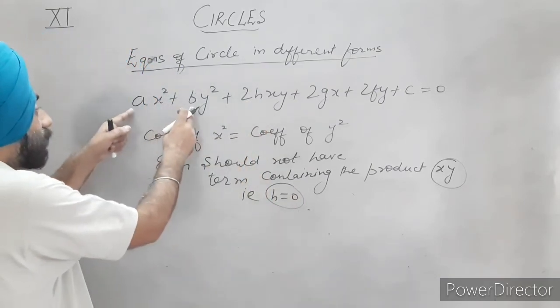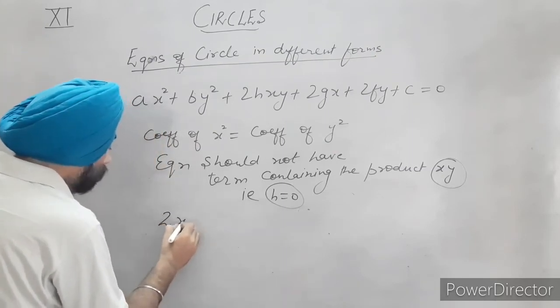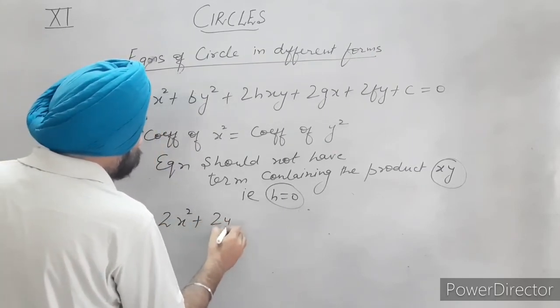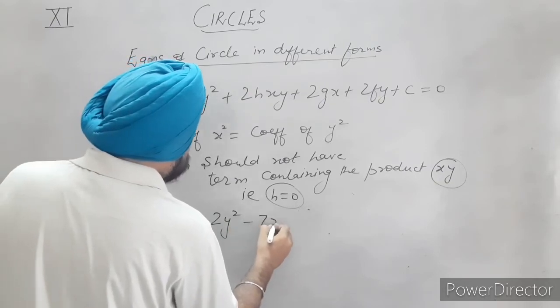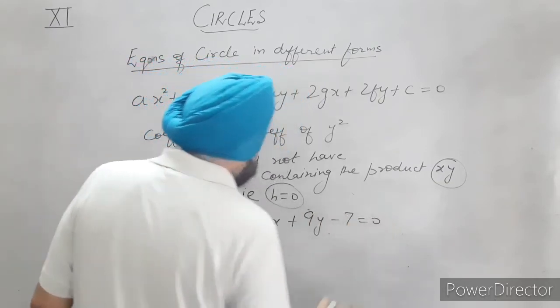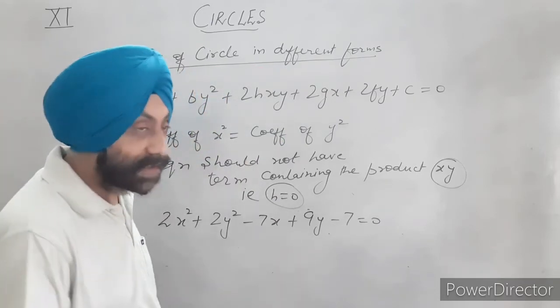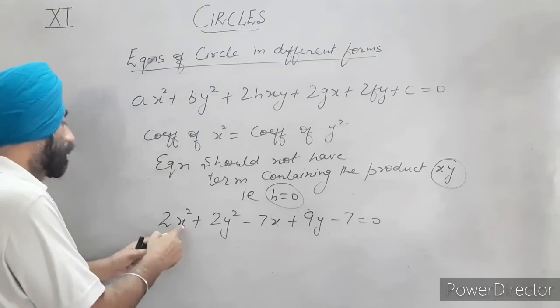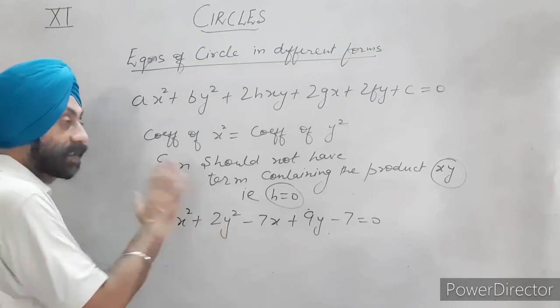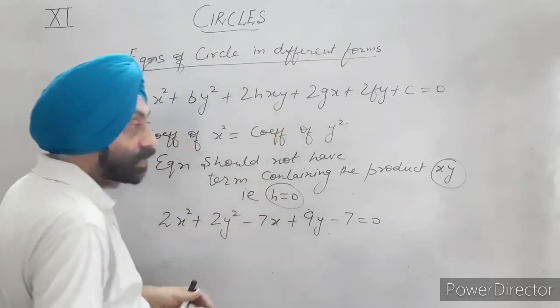Now if they are equal, say I have the equation as 2x square plus 2y square minus 7x plus 9y minus 7 equals to 0. Now whether this represents a circle or not, how do you come to know? It represents a circle. Coefficient of x square and coefficient of y square are same. There is no term containing x into y, that is actually 0 in this.